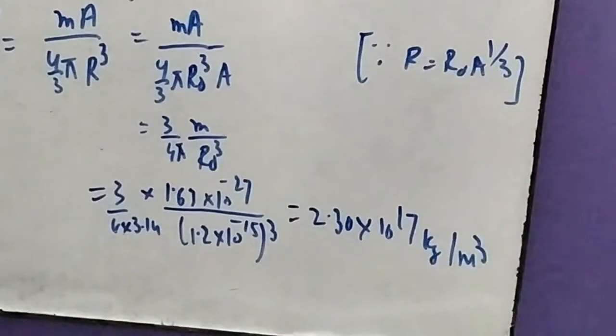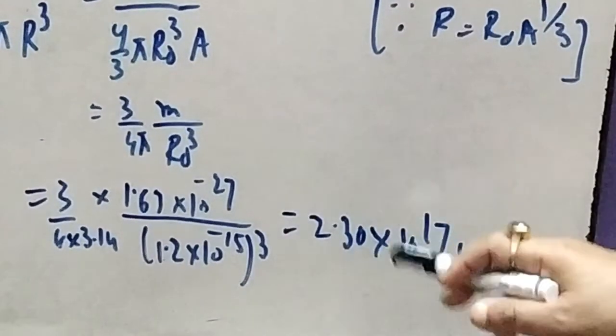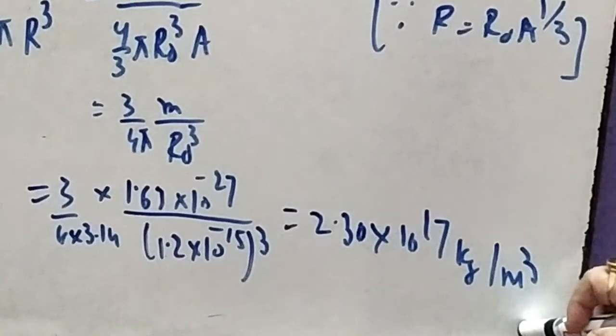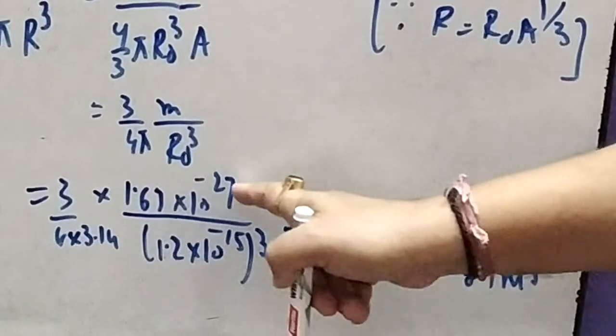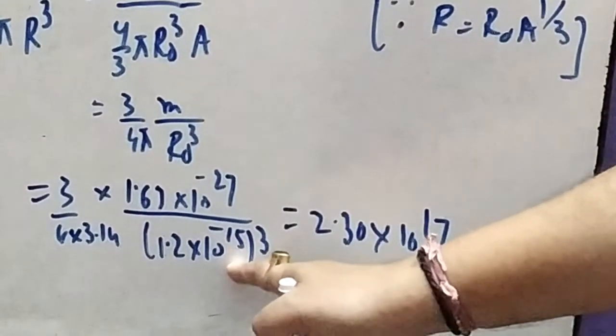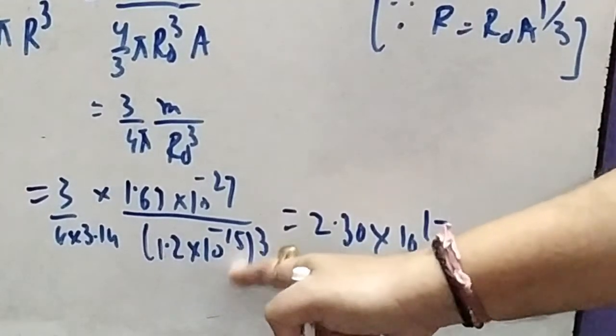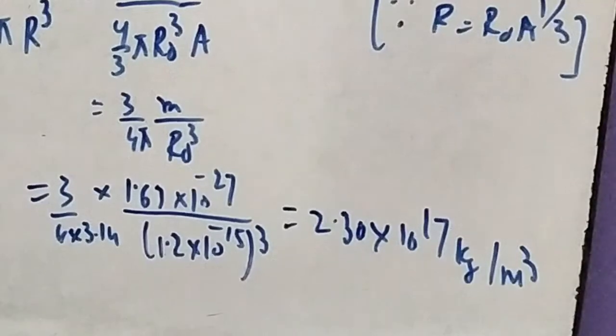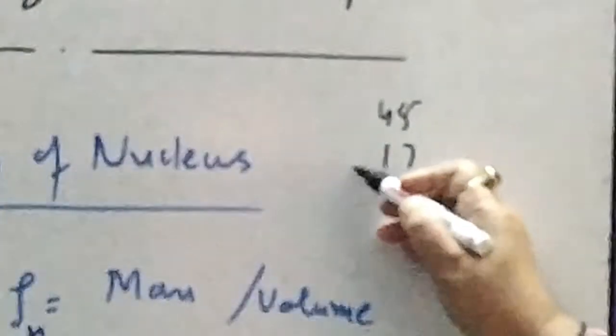All together, after calculation, we get 2.30 into 10 to the power 17 kg per meter cube.